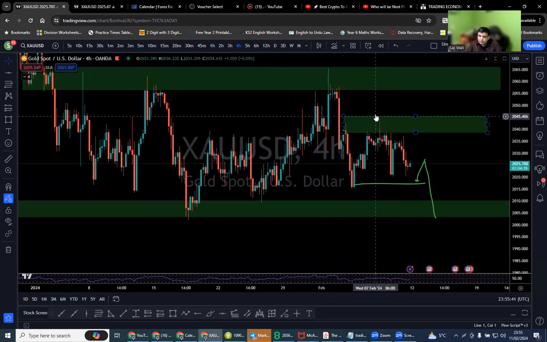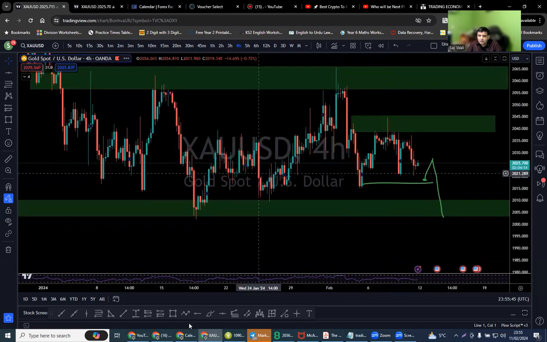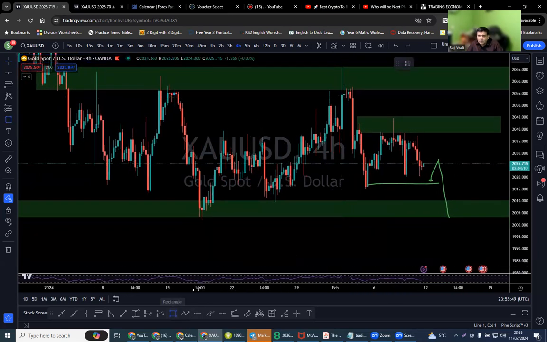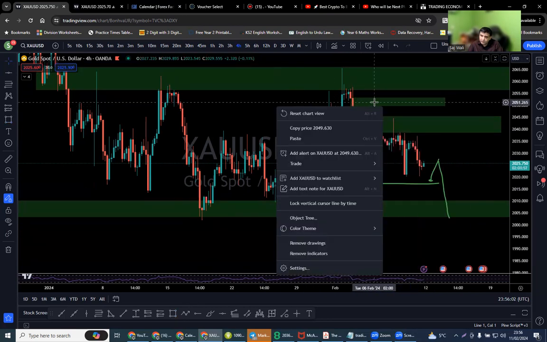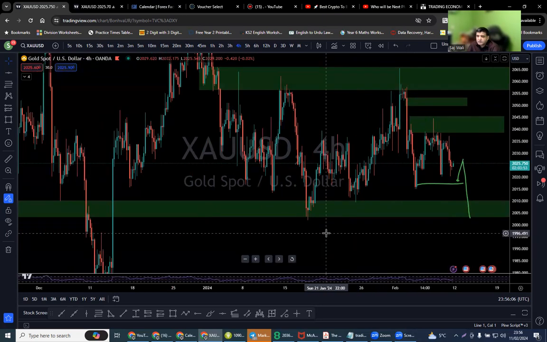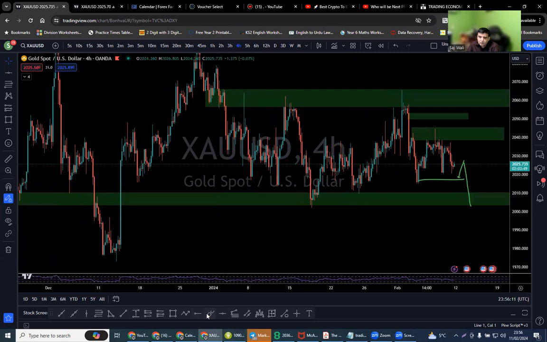So these are some important levels. Sorry, like the market still hasn't tested this. There's a fair value gap here. And you can see in 4 hour the market making lows.